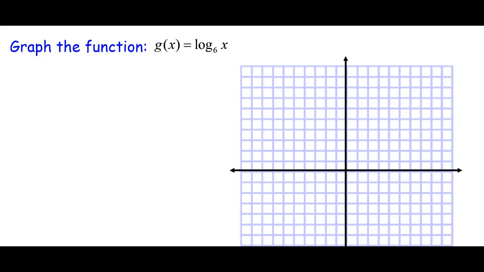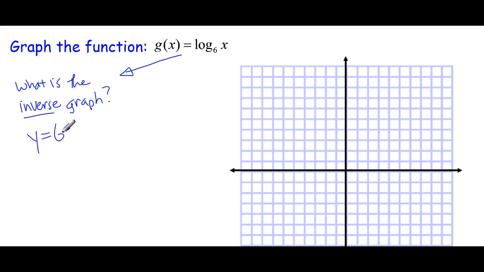So we're going to do log base 6 of x. Step 1 is to figure out what is its inverse graph. Well, the base is 6, so the inverse graph would be 6 to the x. Graph 6 to the x.